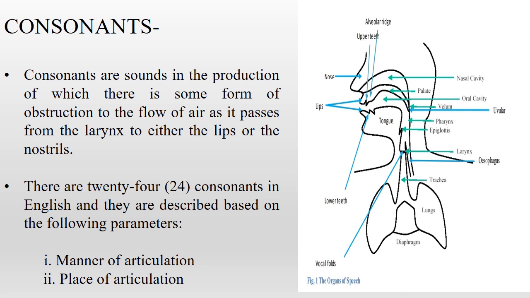So consonants are sounds in the production of which there is some form of obstruction to the flow of air as it passes from the larynx to either the lips or nostrils.